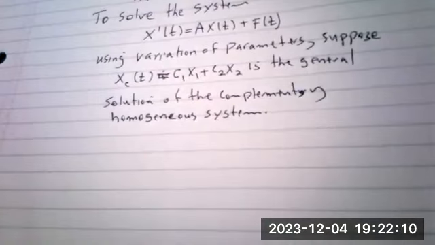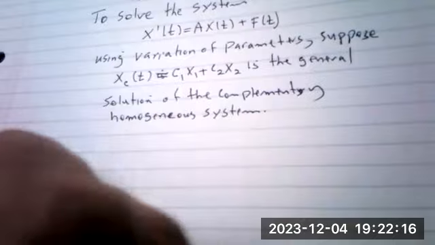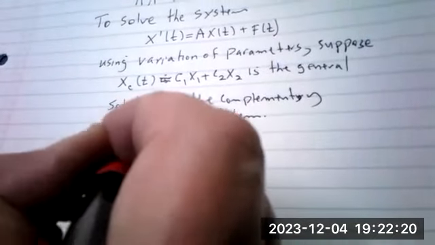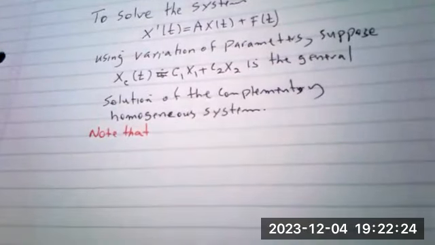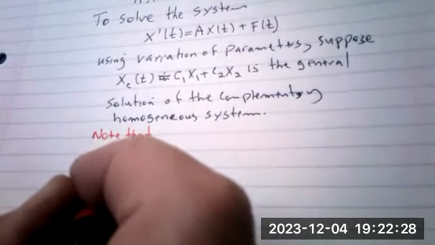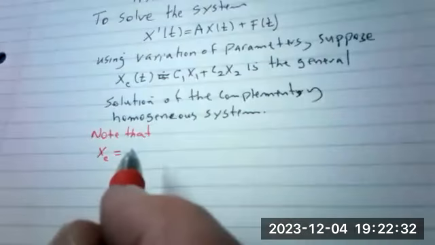The way we're going to do this one, I'm going to change it into the matrix form. That's a crucial part. I repeat it again. This is the xc, which is c1 x1 plus c2 x2.